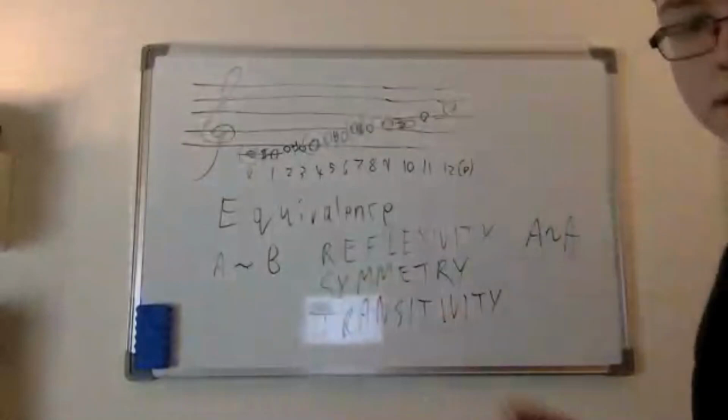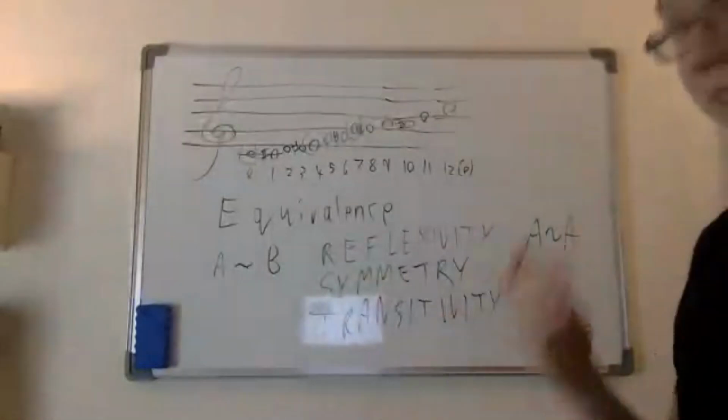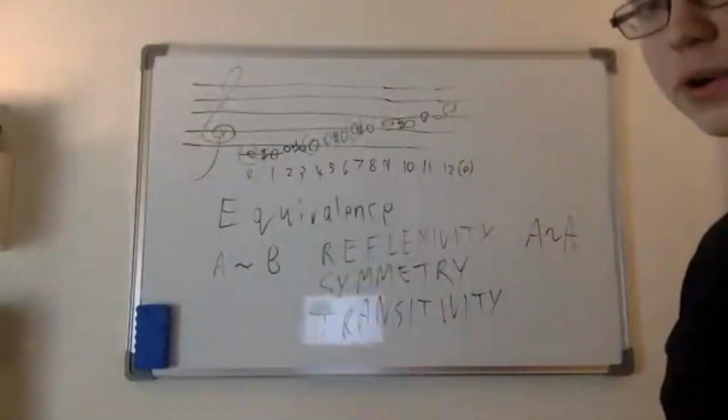That's pretty clear. It's like something should always be equal to itself, and equality is a stronger form of equivalence. So we say everything has to be equivalent to itself. We say it has to be symmetric.